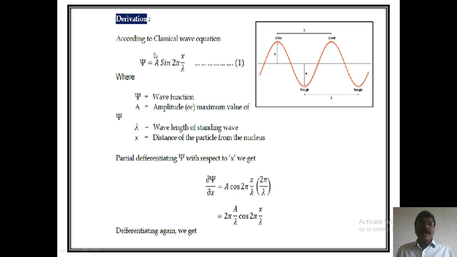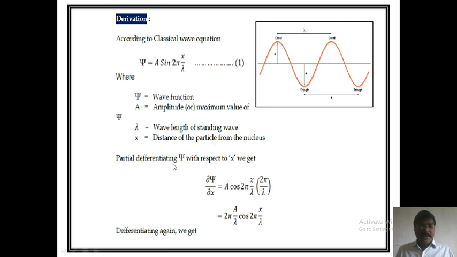According to the classical wave equation, the standing wave associated with a particle in a coordinate system is ψ = a sin(2πx/λ). This is equation 1, where ψ is the wave function, a is the amplitude or maximum value of ψ, λ is the wavelength of the standing wave, and x is the distance of the particle from the nucleus.